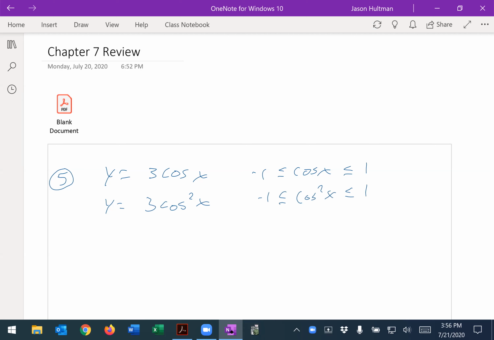Why? Think of the cosine of x being equal to 1/2. If I square that, isn't that less? Every time I square a fraction, it's going to be a smaller number. So the one on the bottom is going to be the squared function, and the one on the top is the cosine function.